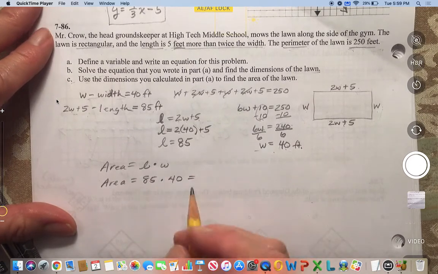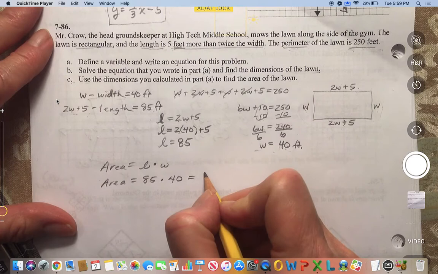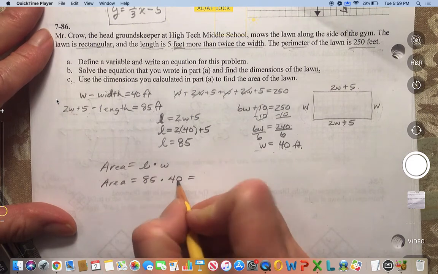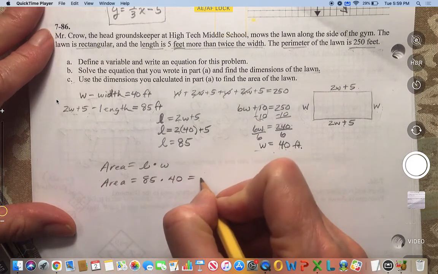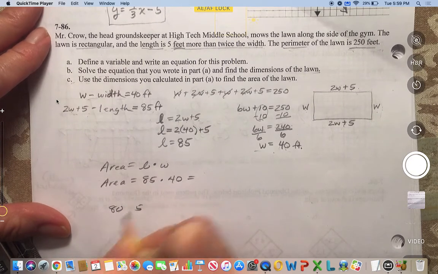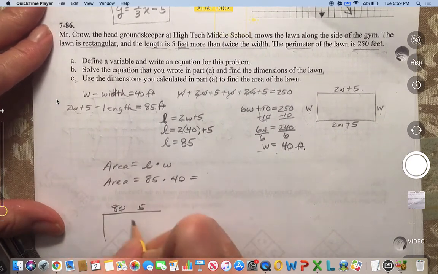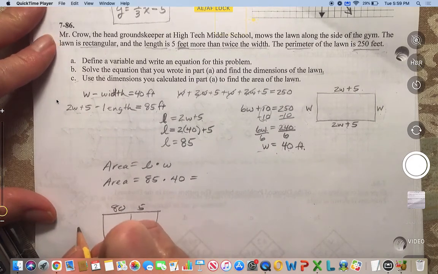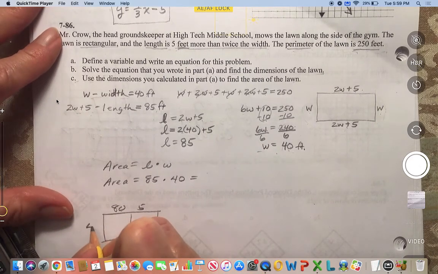So 4 times 80 is 120, and then we need to add another, let's see, let's do it this way. Then we won't get confused. Make one of these great multiplication rectangles, and this will be 40.